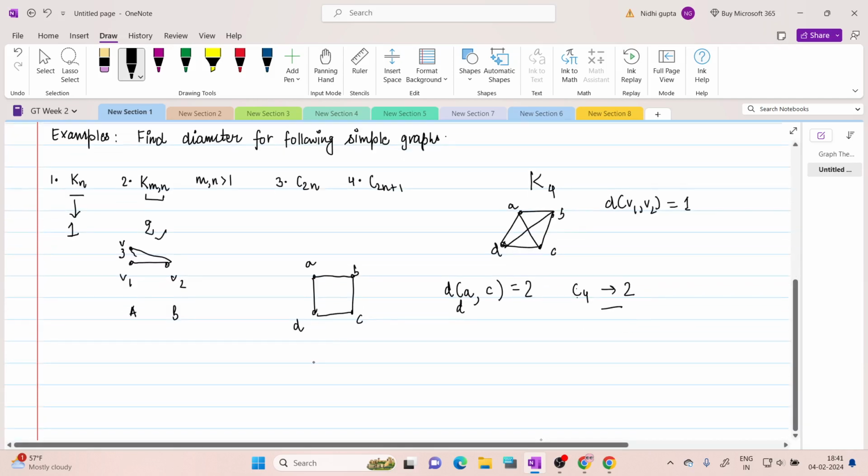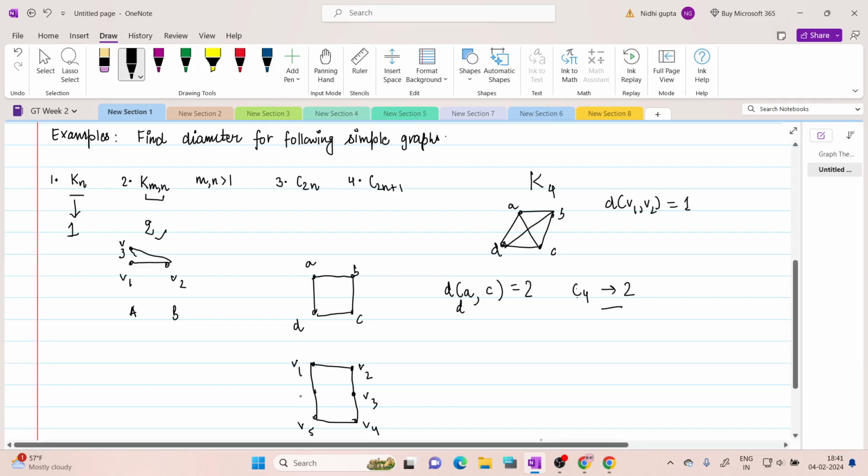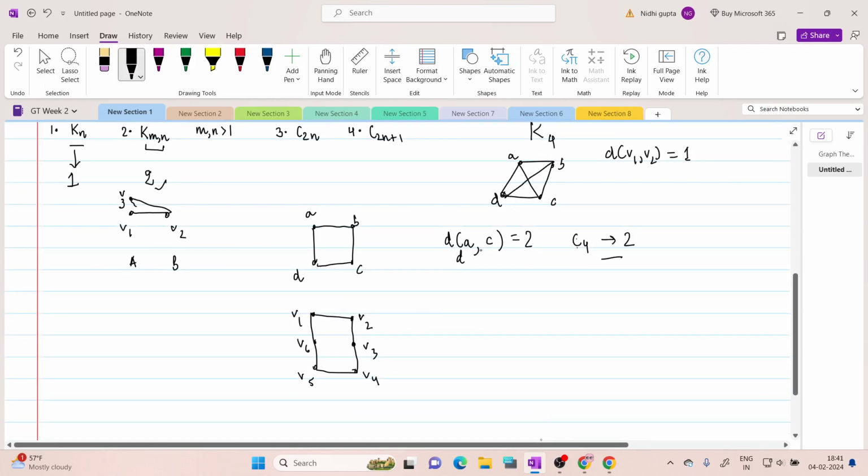What about C6? So C6 is this, V1, V2, and this would be 3 then, V5, V6. What is the diameter? The diameter is 3.